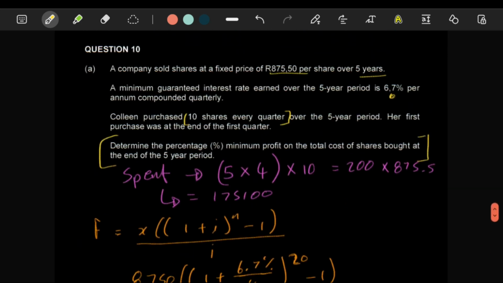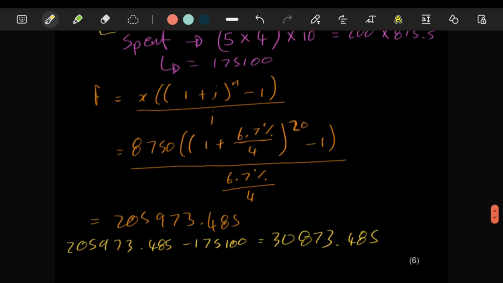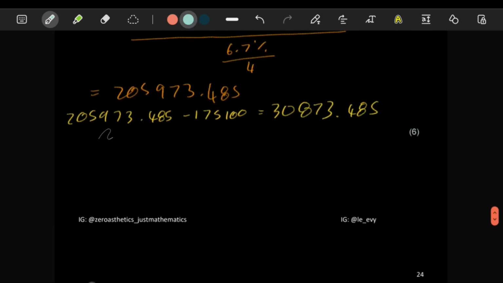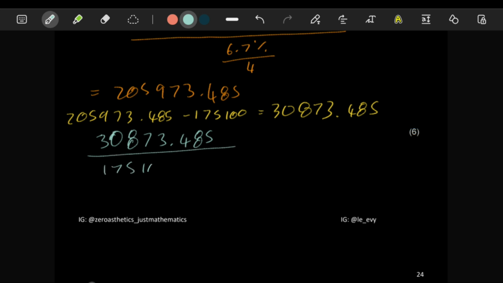Determine the percentage minimum profit on the total cost of the shares. So you have to work out the percentage on the total cost. So let's see how much profit she made based on her total spent amount. So she made this much from the money that she spent, 30,873.485, divided by this number.